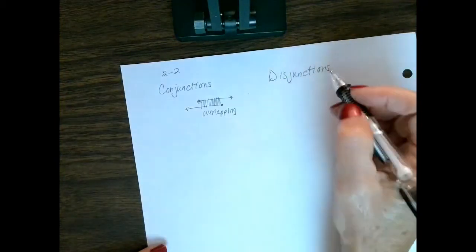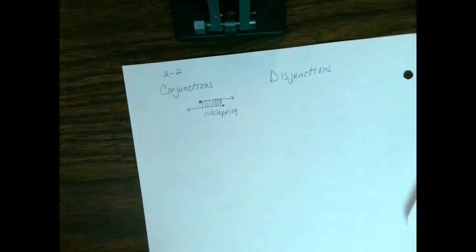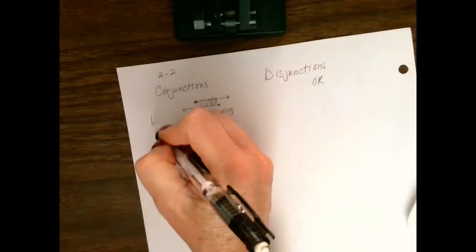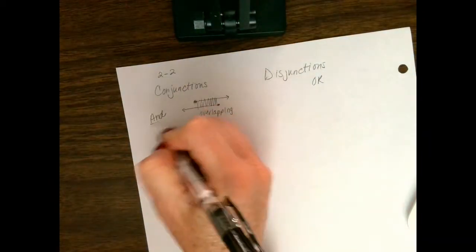What disjunctions are is taking whatever is on both graphs, so if there's two different graphs, and keeping everything. This tends to be an or statement. Conjunctions tend to be an and statement.